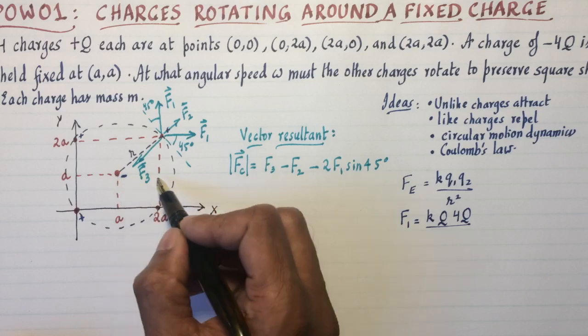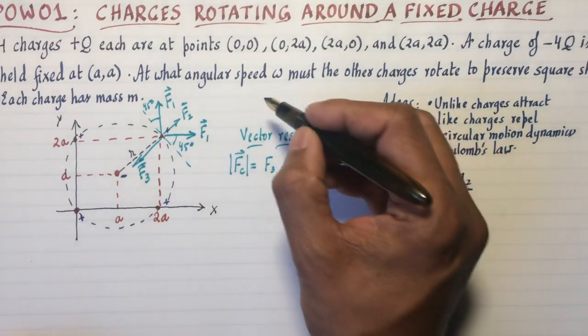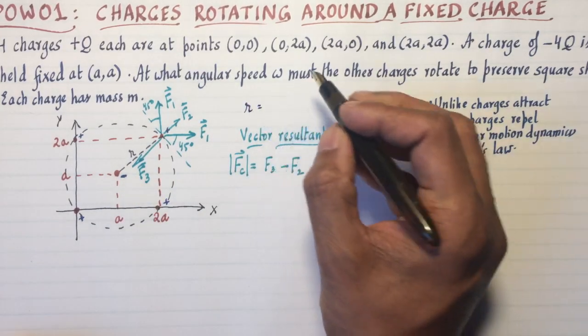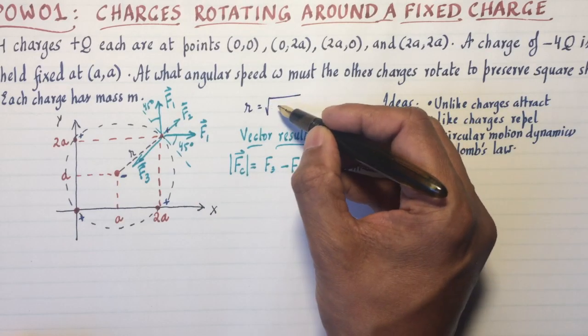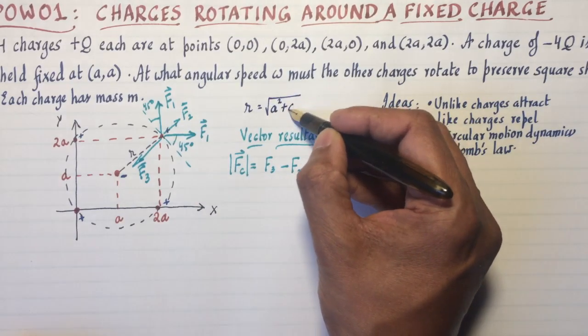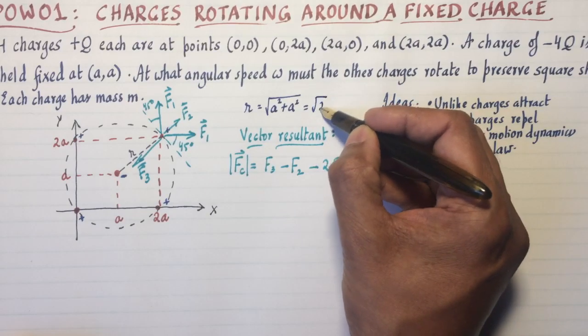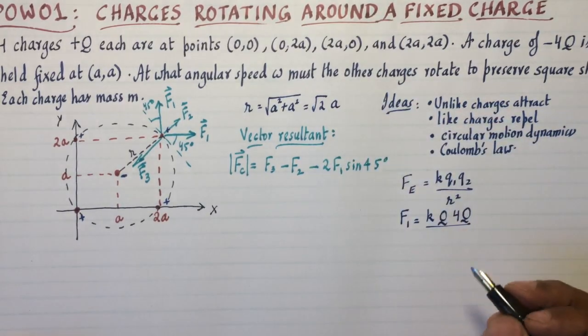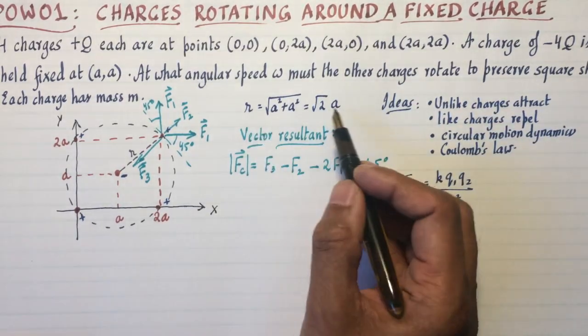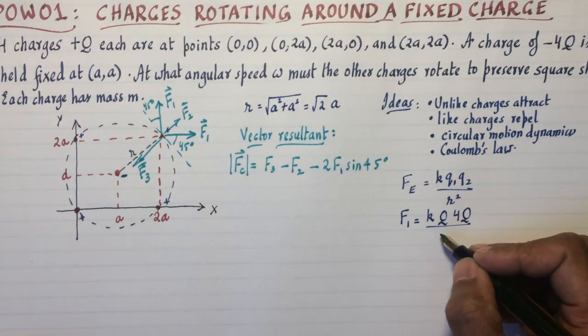Now, if this is A and that is A, then by geometry, R is going to be the square root of A squared plus A squared, and that's going to be root 2 times A by the Pythagorean theorem, which means R squared is 2A squared.